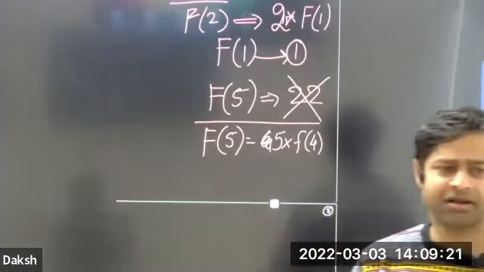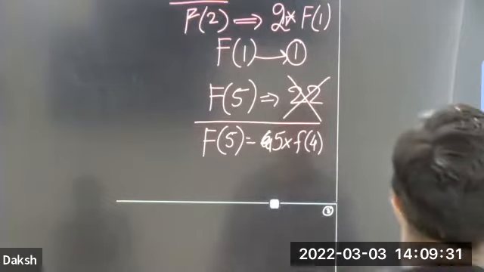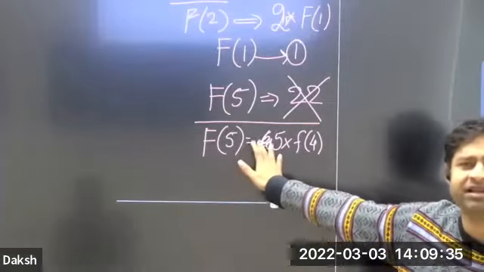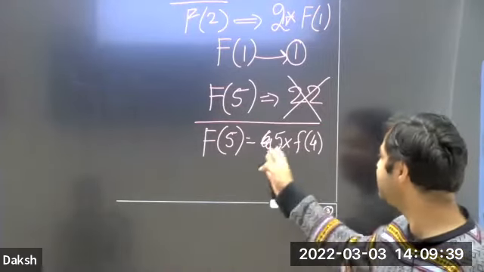So Komal is saying that factorial 5 is 22. There is another way by which I can get the value of factorial 5. What is that? It is 5 multiplied by factorial 4.